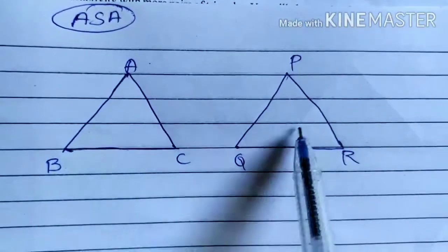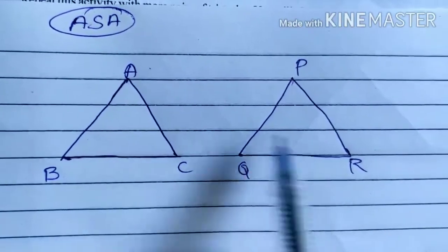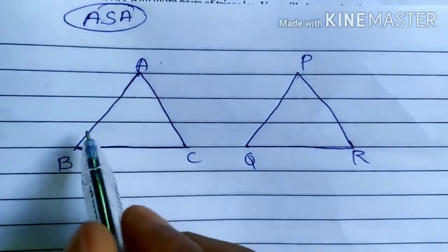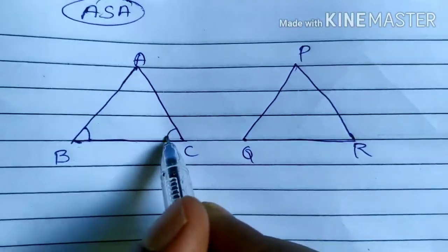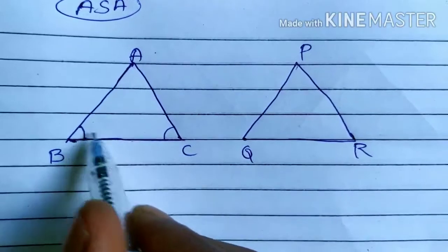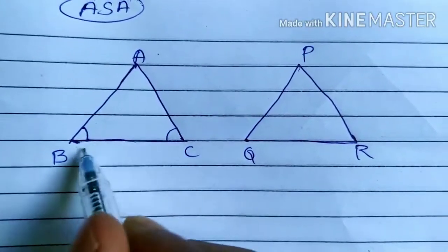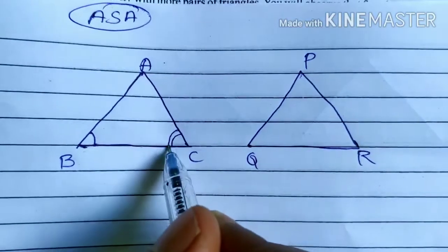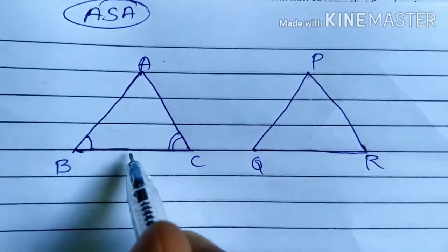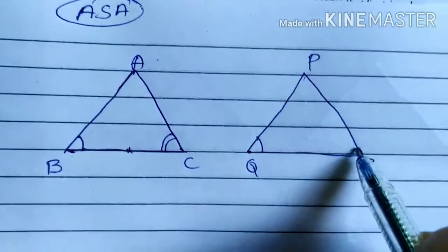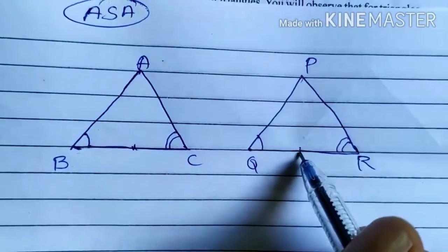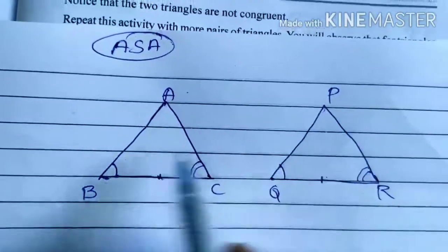Whenever you consider two triangles, we can say these two triangles are congruent if one angle, a side and another angle, the angle and included side, are equal to the corresponding angles and included side of another triangle.